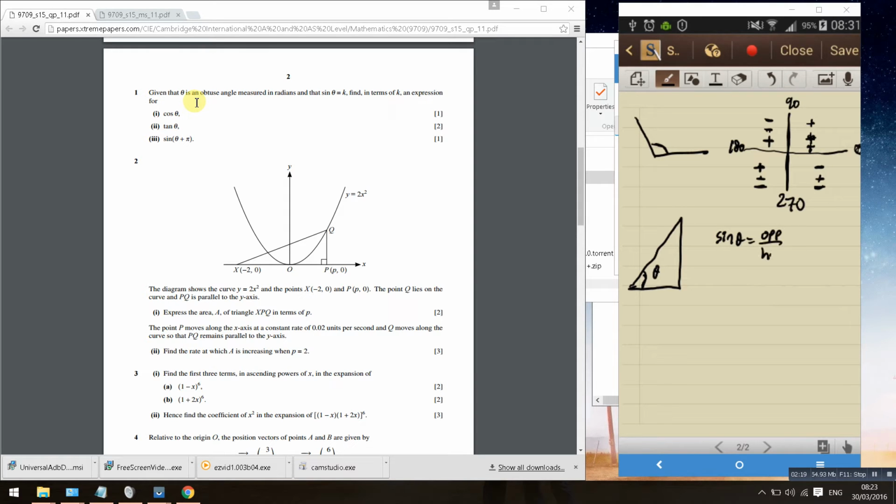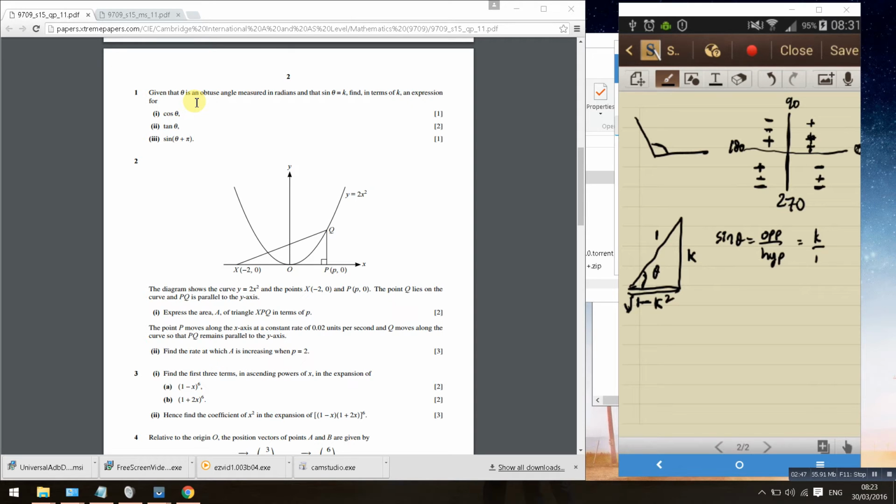And they've given us that sine theta is equal to k, that's just k over 1. So in the triangle, that means that this side is k and this side is 1. And you can find the other side by using Pythagoras theorem, and that is square root of 1 minus k squared.